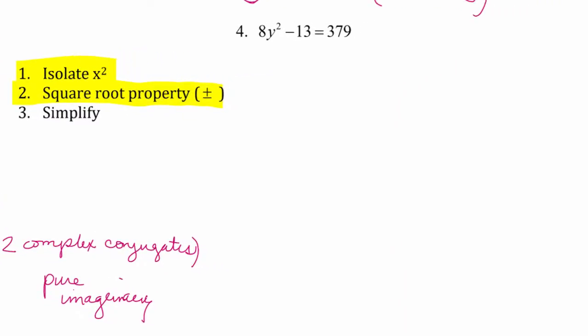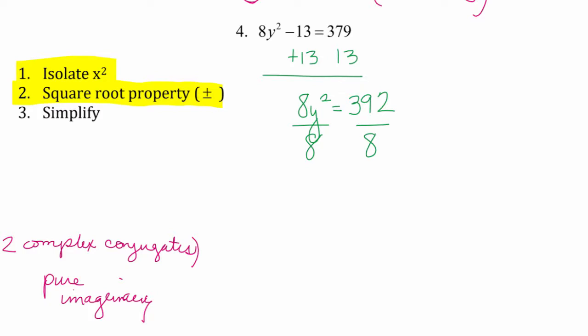Number 4, definitely we need to isolate that y squared. So we're going to add 13 to both sides. And then what do we got here? 392. And then we're going to divide by 8. So you definitely want to isolate y squared.